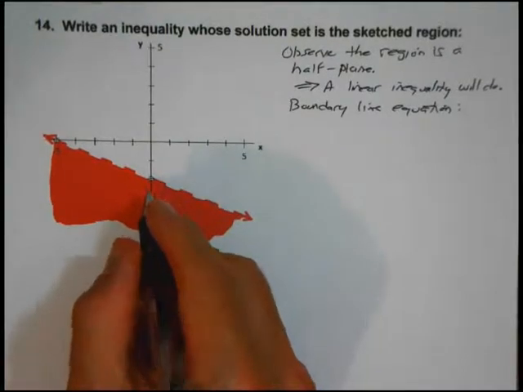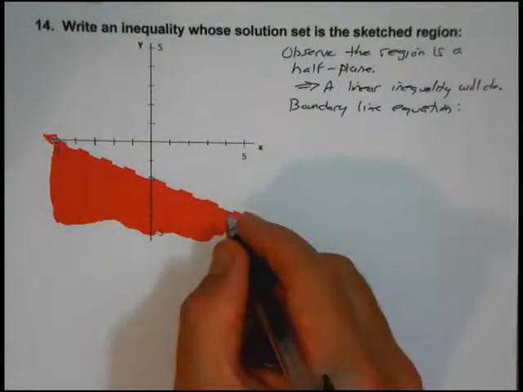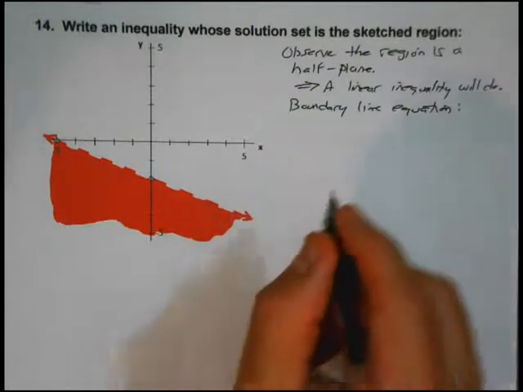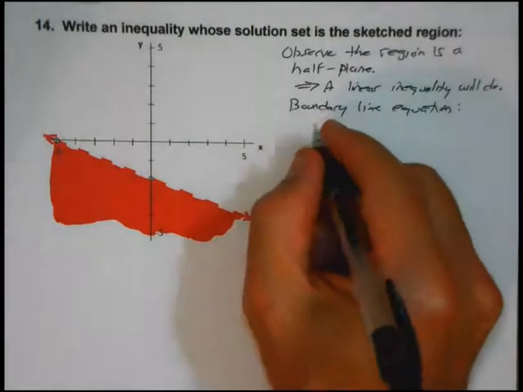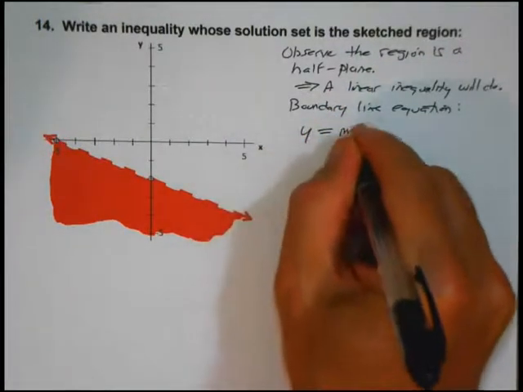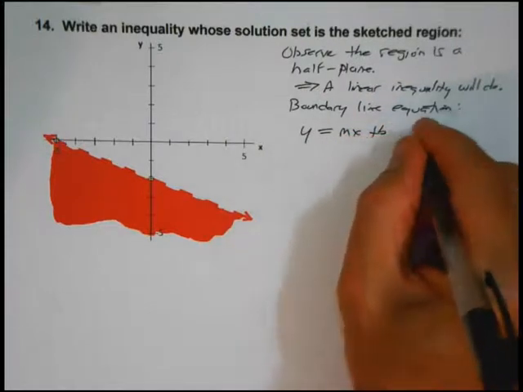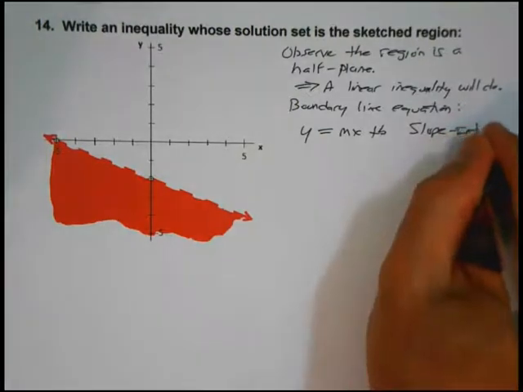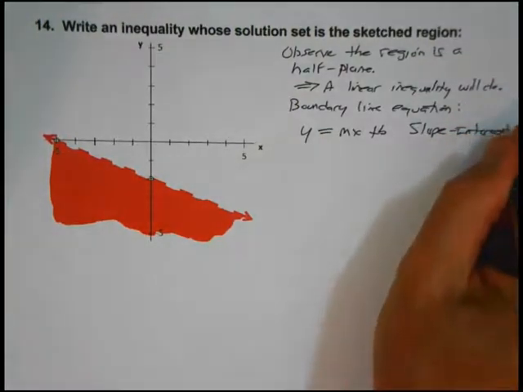You could work off of either intercept form or slope-intercept form. I suppose slope-intercept form is actually kind of nice here. So let's think about that. That's y equals mx plus b. Again, that's slope-intercept form.